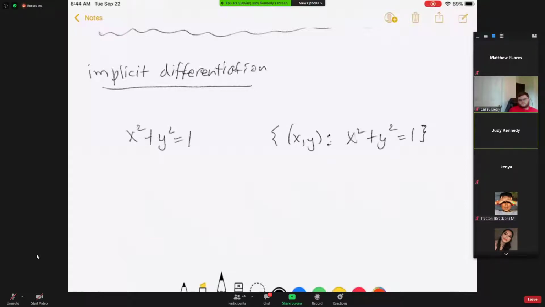Does anybody know what the graph of this set is? No clues?